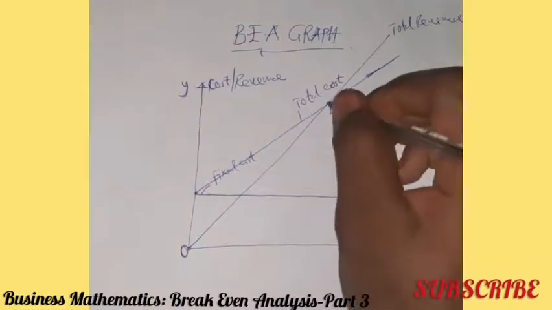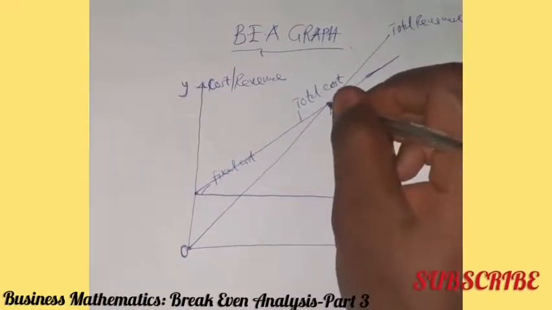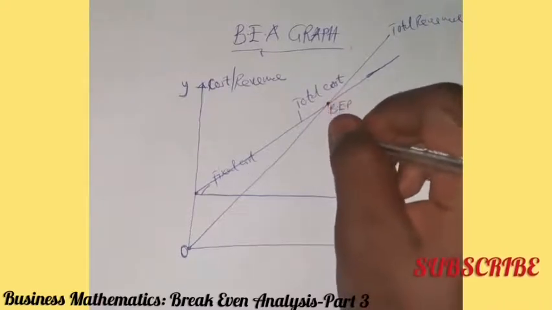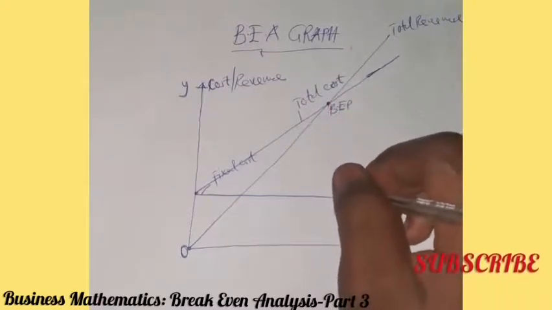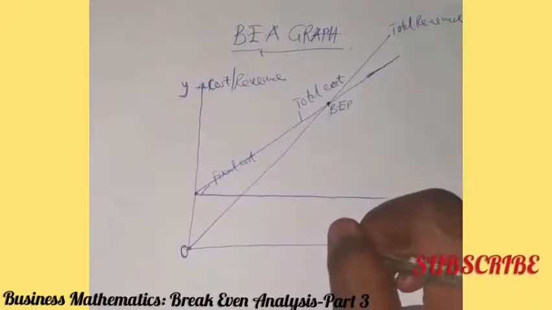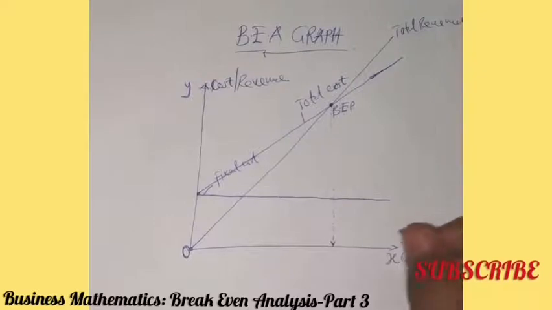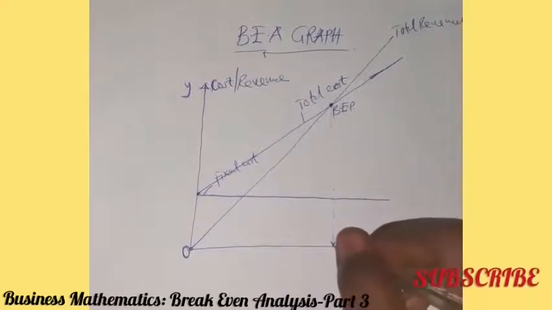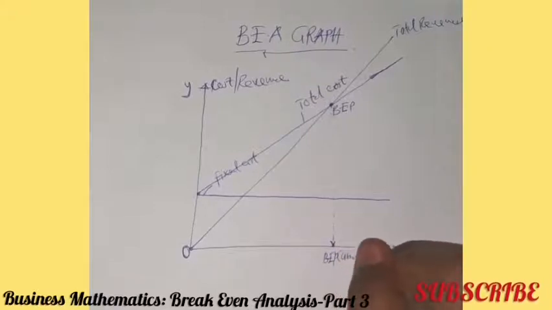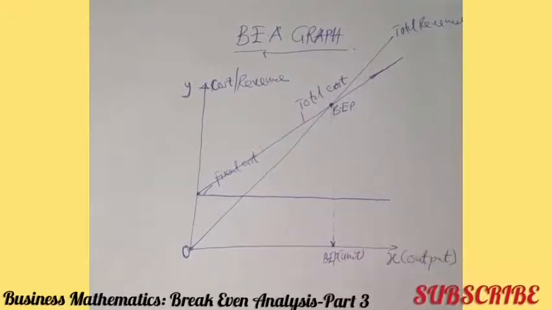At the break-even point, if I trace a dot from the break-even point to touch the horizontal line, I mean the output line, once it hits the output line, we call this point the break-even point in terms of units, or the output, because it's on the output line.